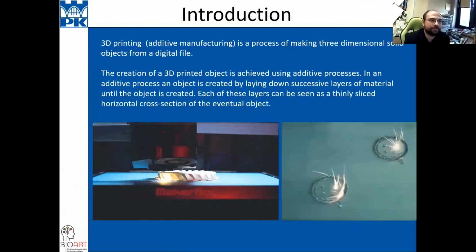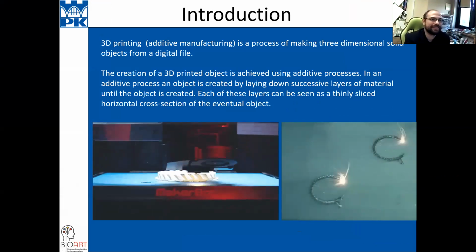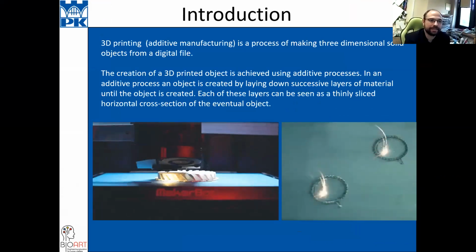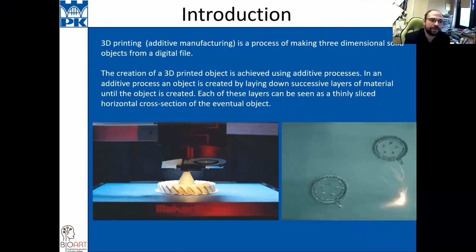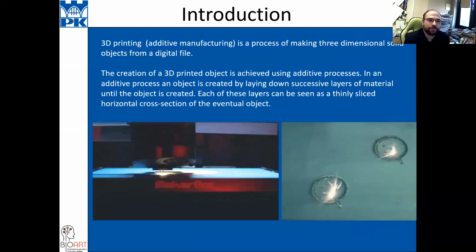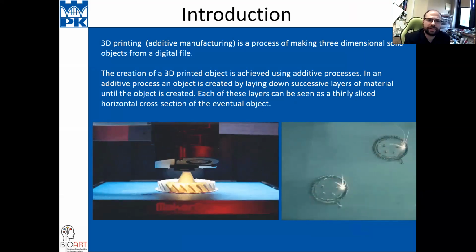I think everybody knows the basics of 3D printing. Of course, this is additive manufacturing, and we make our products layer by layer. What kind of material can we use? Almost every kind of material.